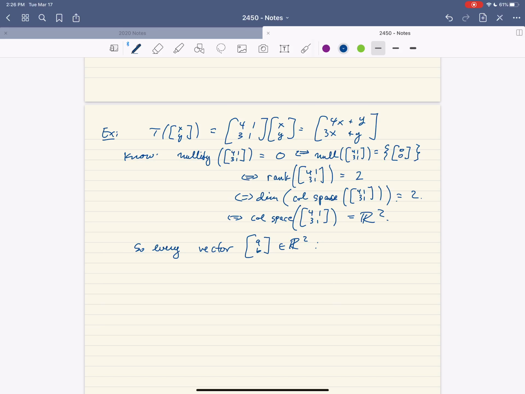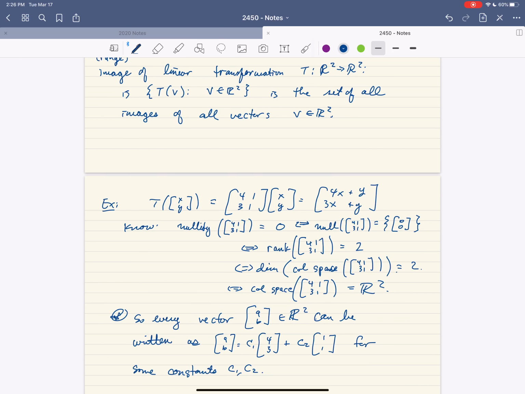So every vector in R2 can be written as a linear combination: C1 times (4, 3) plus C2 times (1, 1), for some constants C1 and C2.